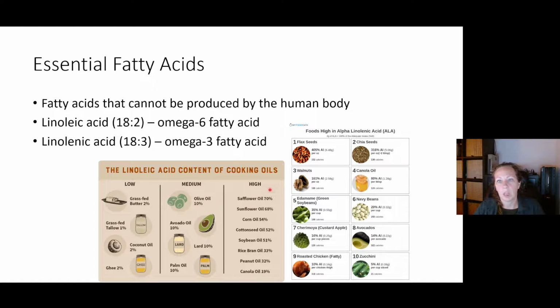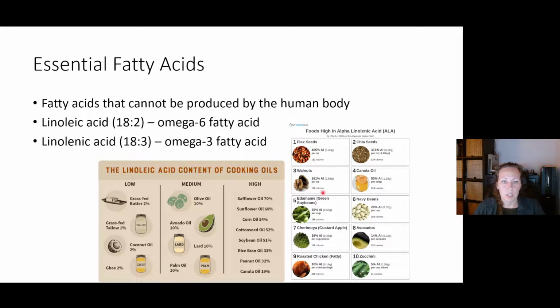We consume lots of these, most Americans. And so there is no problem getting enough omega-6 fatty acid. And that is why we hear lots about needing omega-3 fatty acids, because we don't consume nearly enough of omega-3s on average.